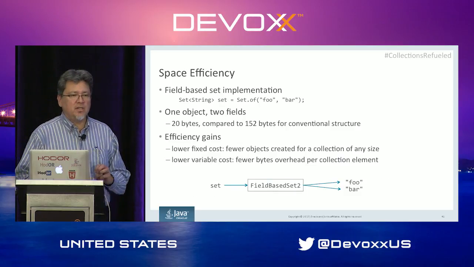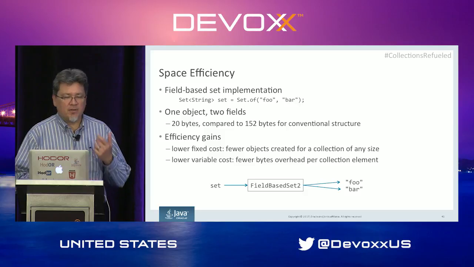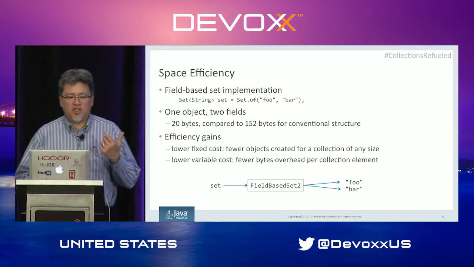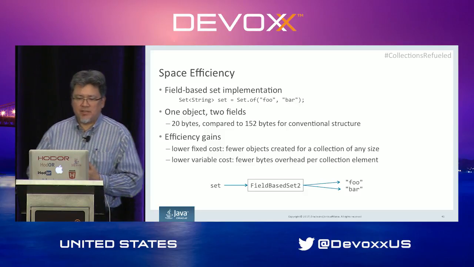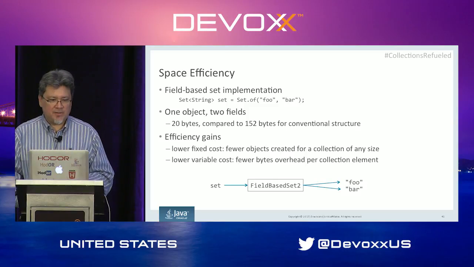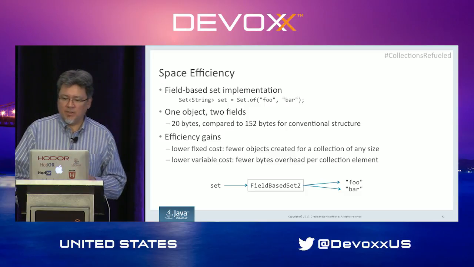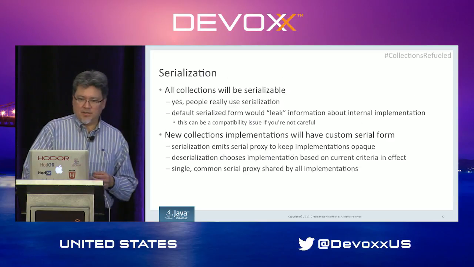And so the new set implementation is much more compact. If you have a new immutable set with 2 entries, it only takes 20 bytes instead of 152 bytes. So once again, I will have to skip beyond this.